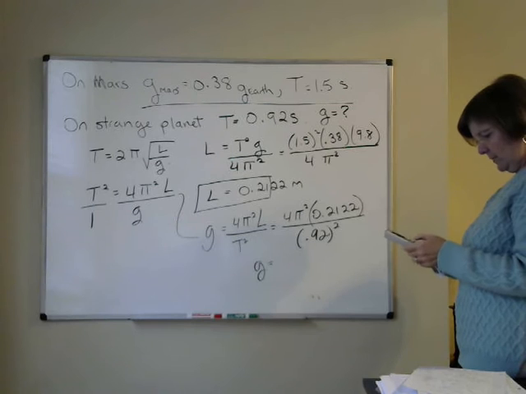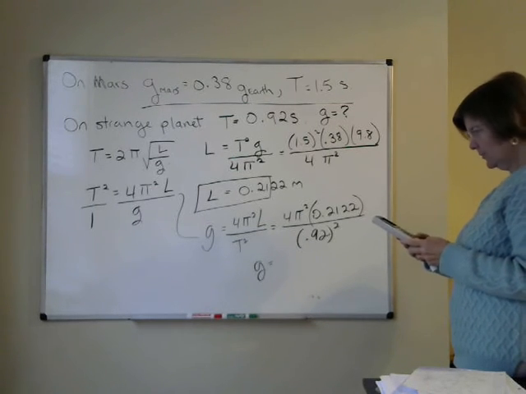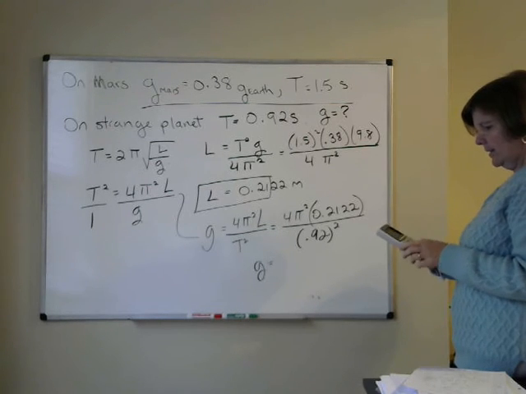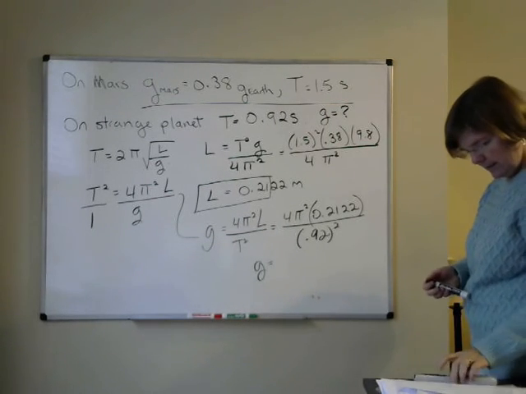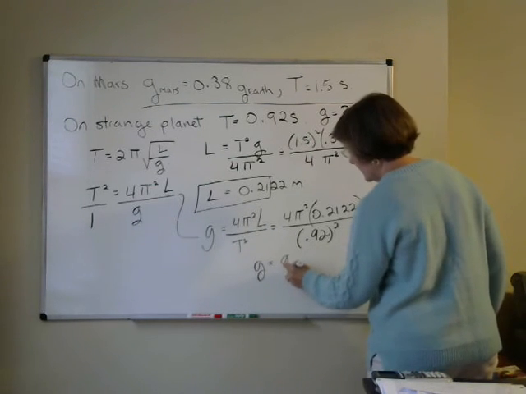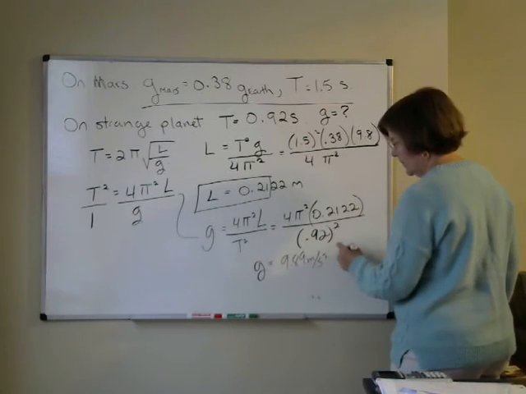Four pi squared times 0.2122 divided by 0.92 squared. Oh my goodness. Came out to be 9.89 meters per second squared.